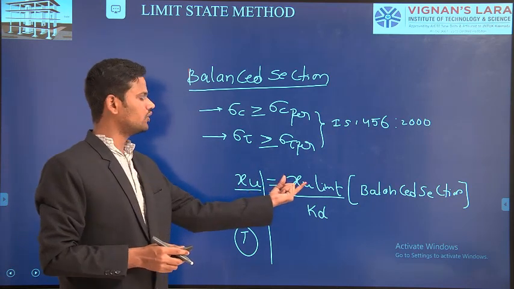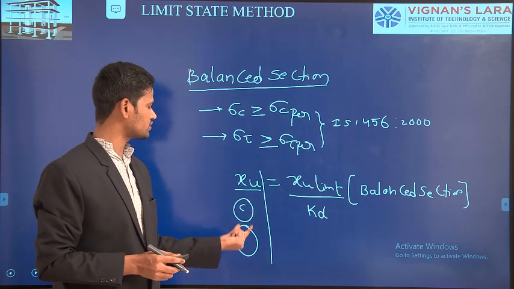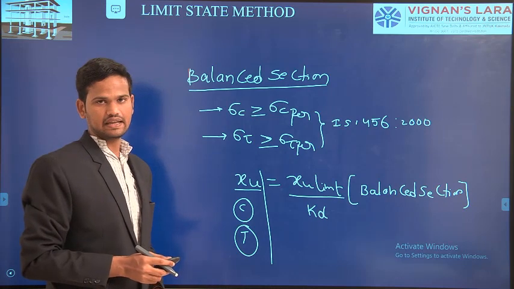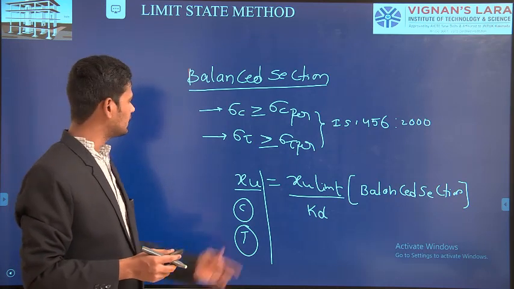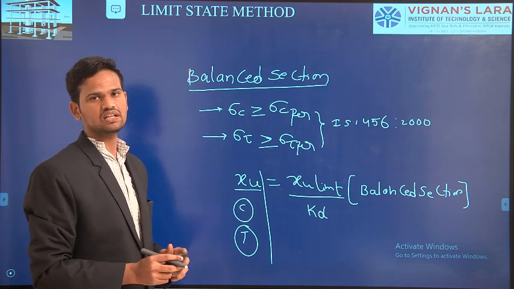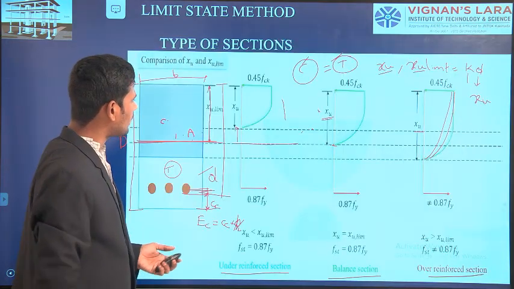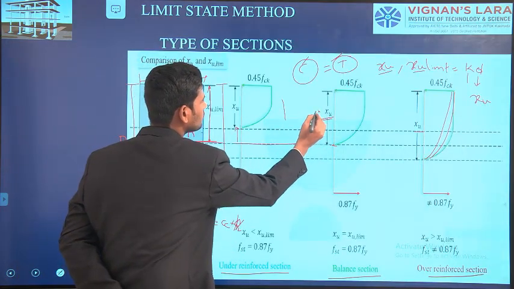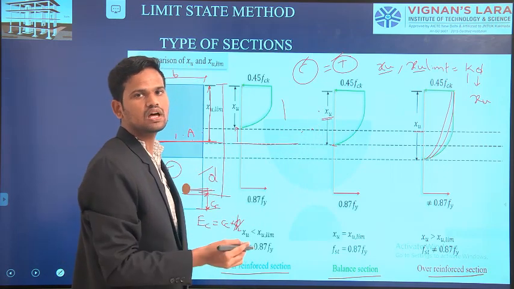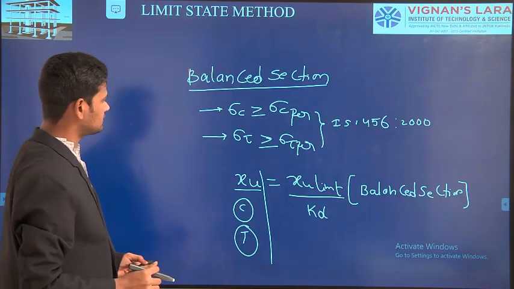Here Xu is calculated from the total compressive force and total tensile force, and Xu limit is the limiting depth of the neutral axis. If both are equal, that section is called a balanced section. Hence we call this section a balanced section.